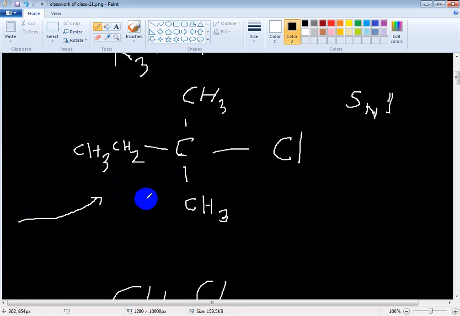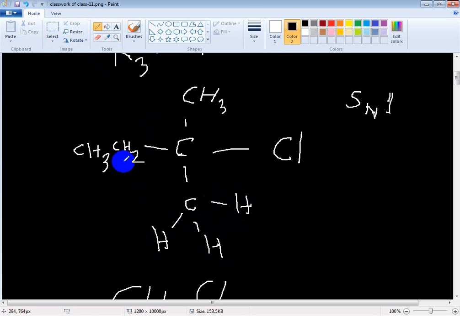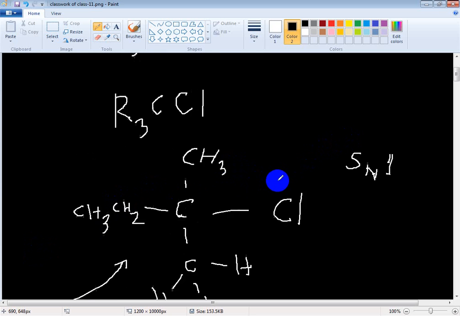If I show this bond this way, it is the CH3 bond, with three hydrogens. There is a lot of steric hindrance, so the nucleophile can't easily attack. For this reason it doesn't follow SN2 mechanism. It follows SN1 mechanism because a 3-degree alkyl halide forms a stable carbocation.